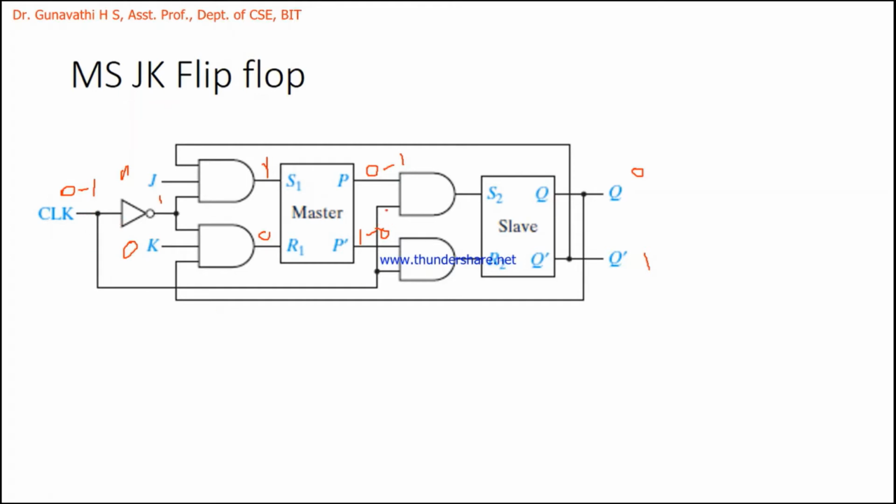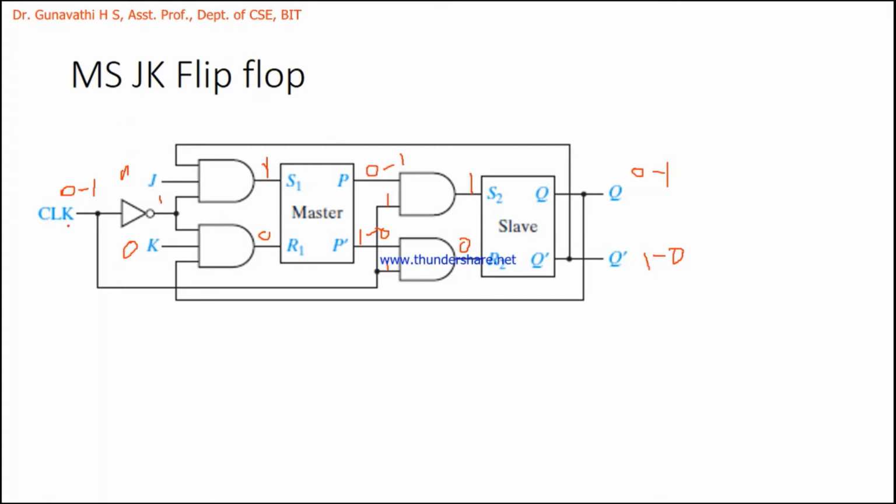So 1 here, both inputs of this AND gate are 1, and the inputs across this are 1 and 0. 1 and 1, the output here is 1. 0 and 1, the output here is 0. So 1, 0 across this SR latch, so I'll be getting set. This is how the master-slave JK flip-flop works.